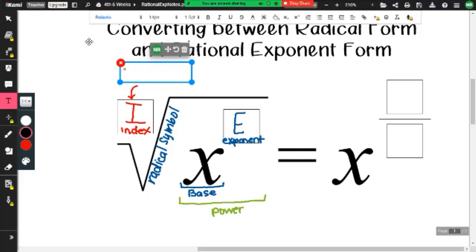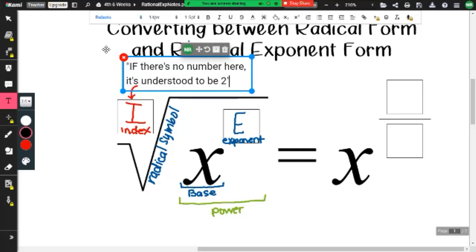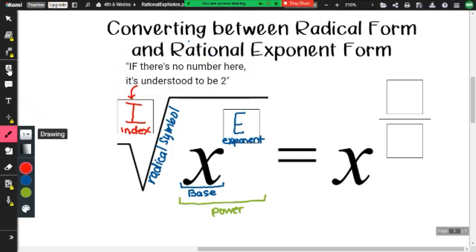So unlike when we're missing an exponent and we fill it in with the 1, here in this index spot, if there's no number, it is understood to be 2, meaning they do not have to put the number 2 there for you to know it's there. Just like the exponent, they don't have to put the exponent of 1 for you to know it should be there. If there's no number in the index spot, it is considered to be the number 2.